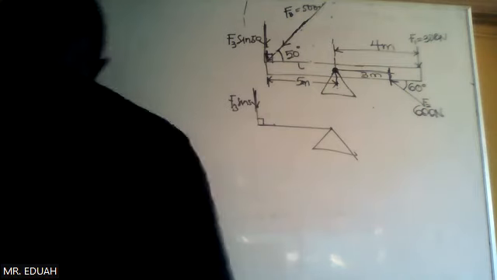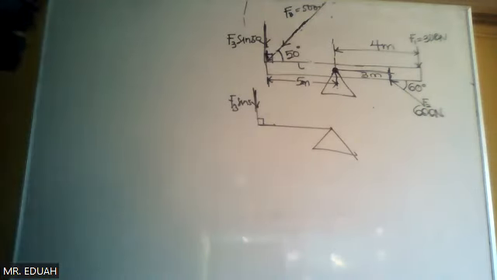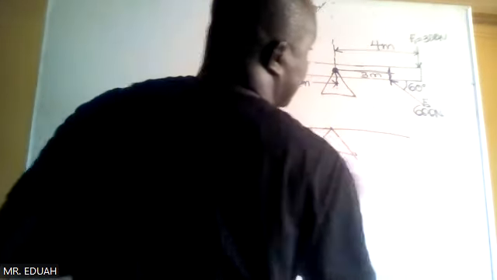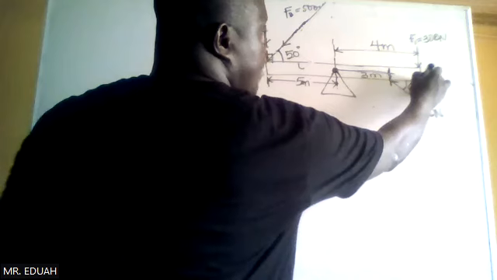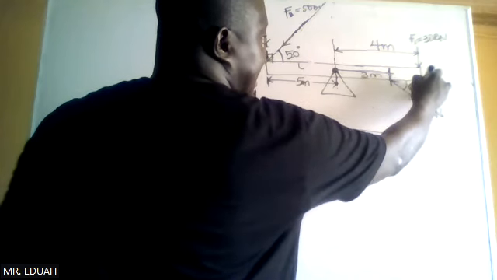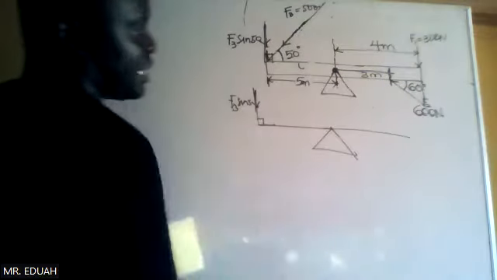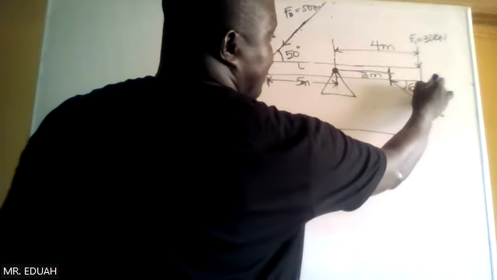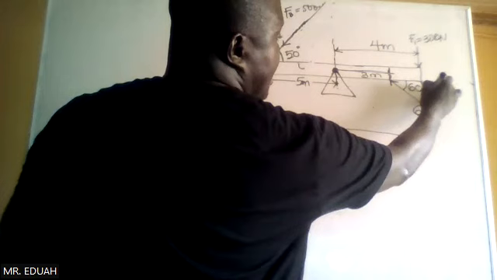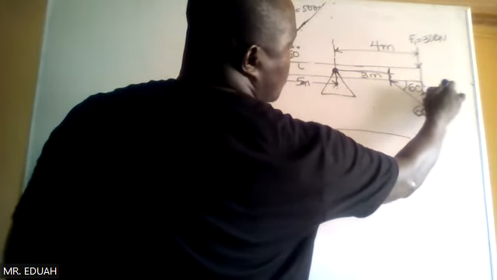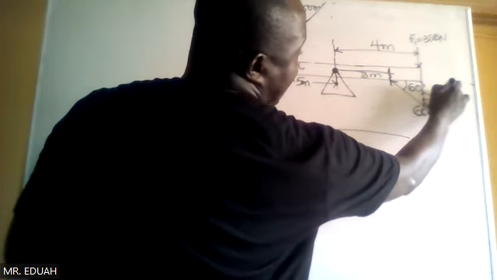Then let's pick the other one, the 600 Newton. When we resolve it, the component which will be perpendicular to the bar is this component, and this side would also be 600, or F2 sine 60.